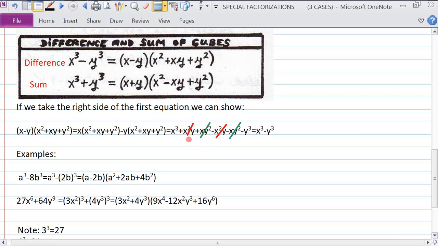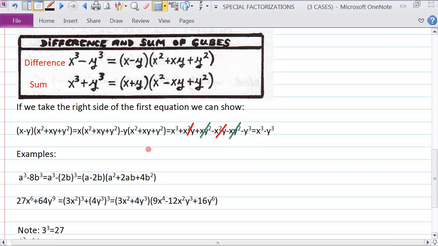I'll explain why there's a red line and green line. Now I multiply minus y times x squared. I get minus y times x squared, which is this term here, just that I've written it alphabetically. The second one is minus y times plus xy, which gives me minus xy squared.